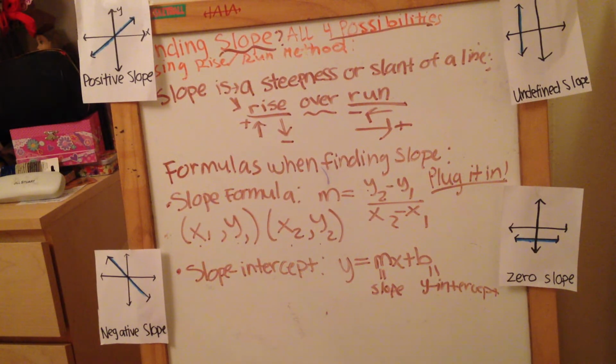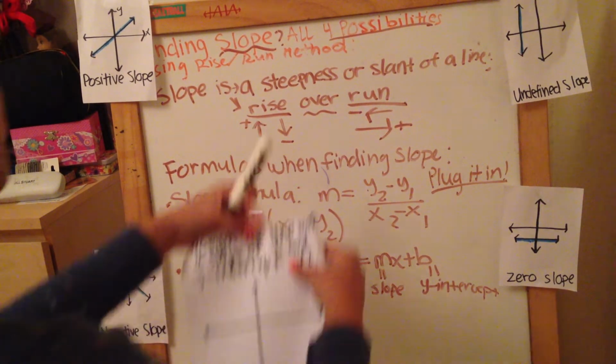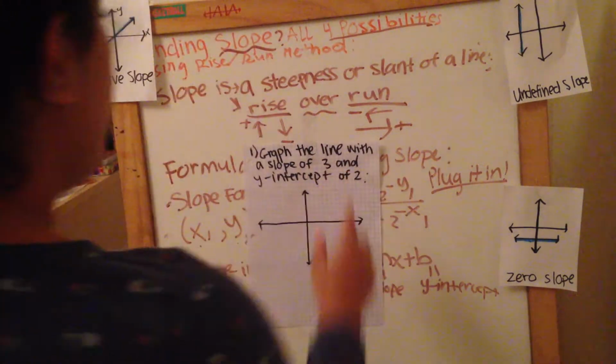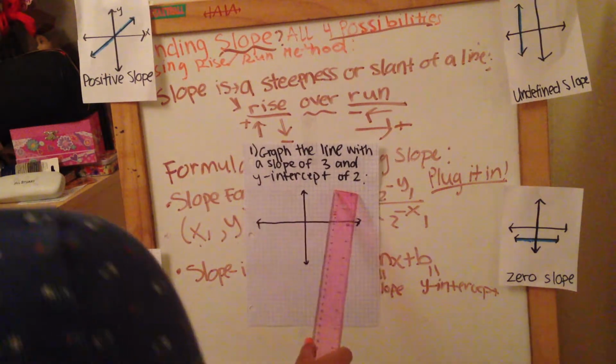Now, graph the line with a slope of 3 and y-intercept of 2.